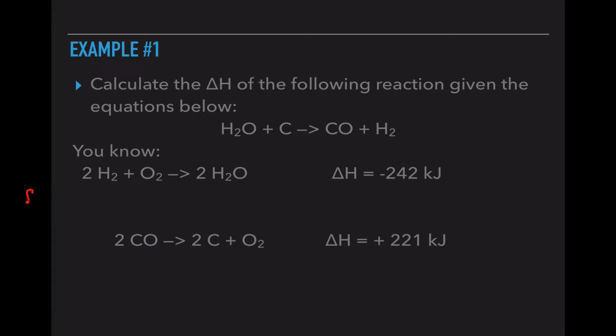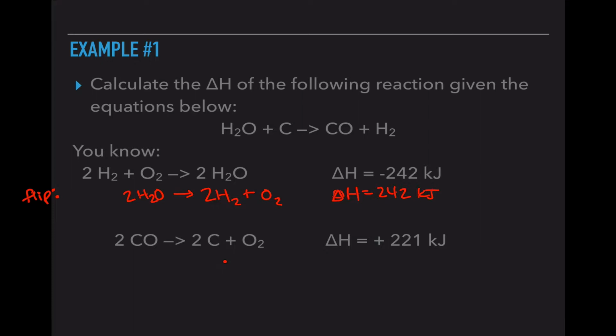So I'm going to go ahead and flip this. And I'm going to have 2 H2O, 2H2 plus O2. I just reversed that arrow direction in order to reverse the reaction. So my delta H is positive 242 kilojoules.